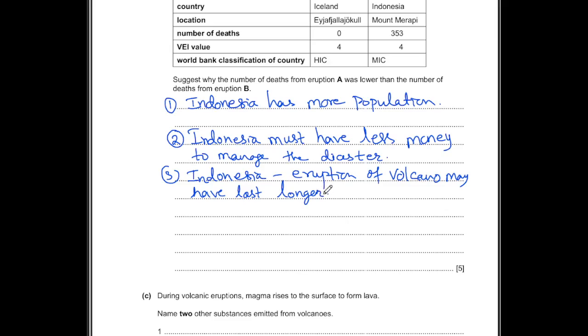Okay, so eruption may be for a long time. They do not have enough money to manage the disaster. Population is very high. Why the number of deaths? So these reasons I have given you.